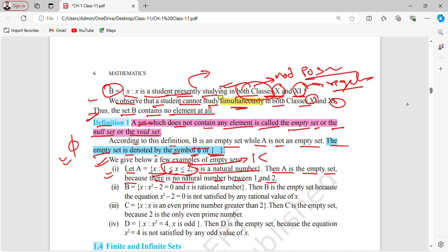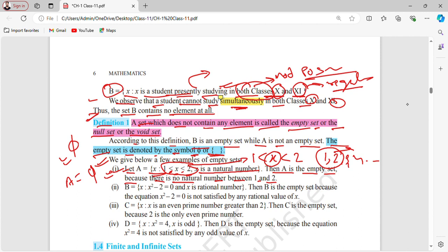It means x contains those natural numbers which lie between 1 and 2. But natural numbers are 1, 2, 3, 4, and between 1 and 2 there is no natural number, so set A is called an empty set.